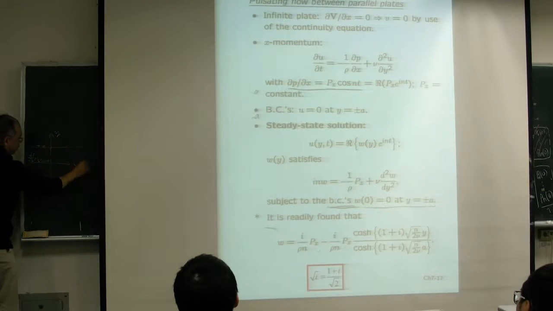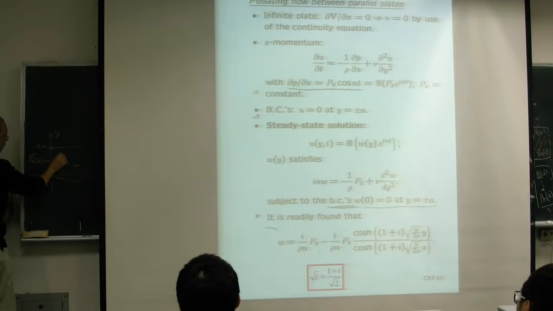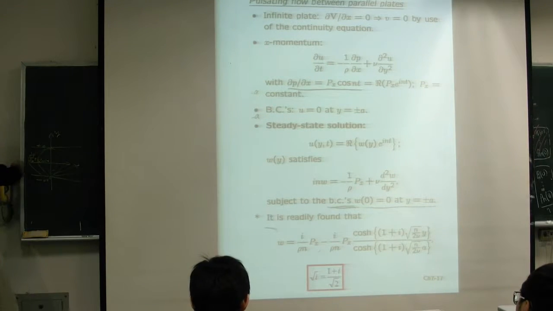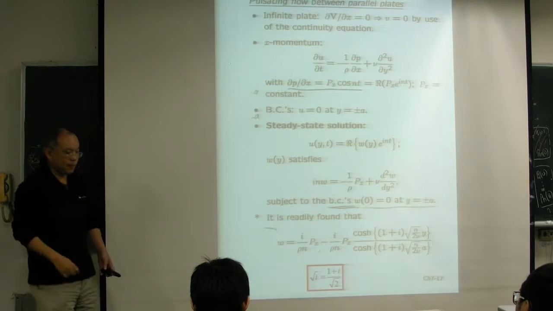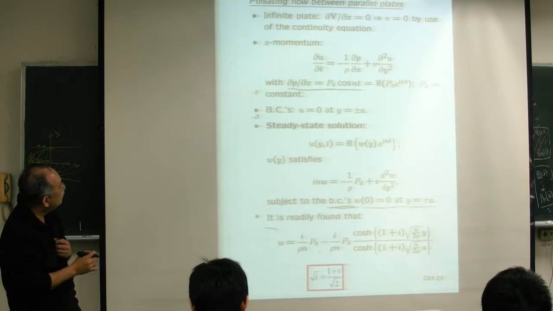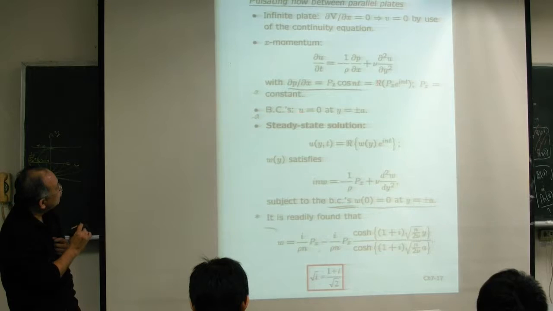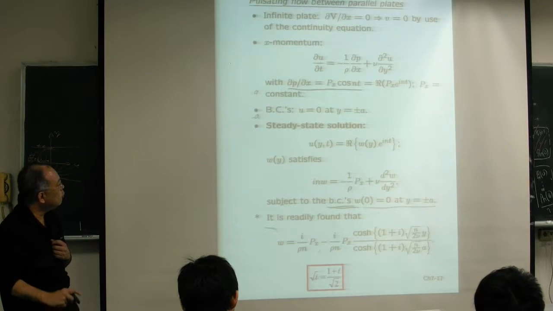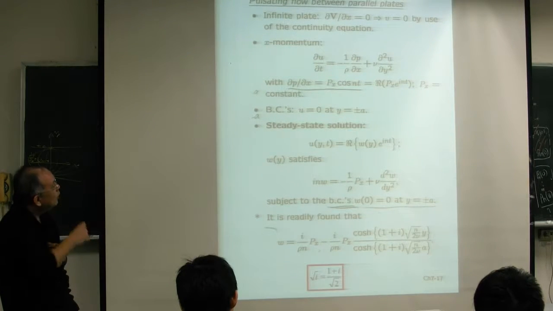So this drives our flow forward like this, and then it reduces, and then oscillates like this. Sometimes it pushes forward and then there is negative pressure. So here we have this governing equation with these two boundary conditions: at y equal to positive and negative A, our velocity should be equal to 0 due to the no-slip boundary condition.